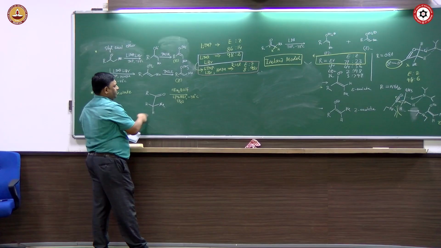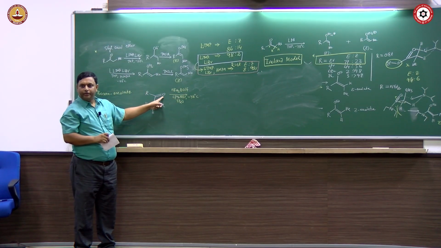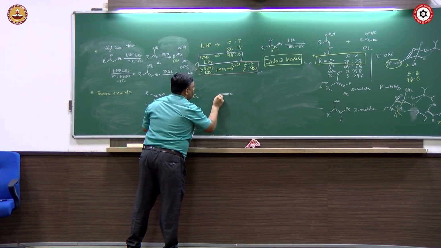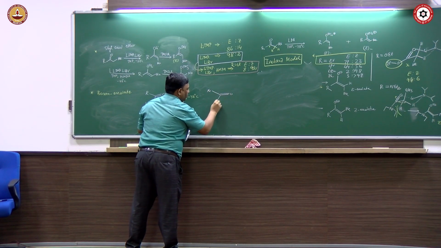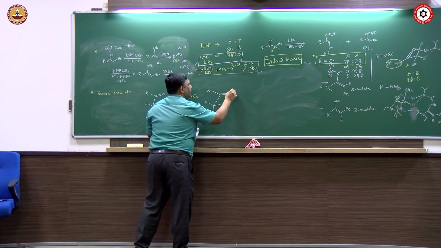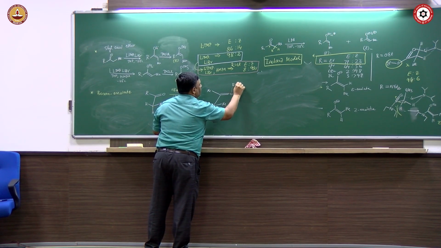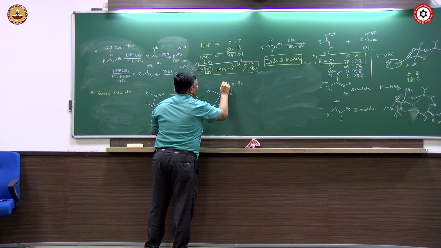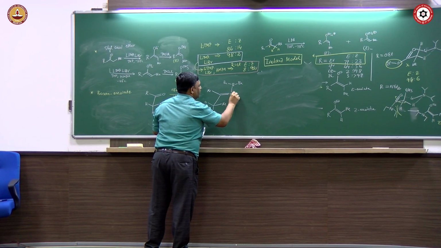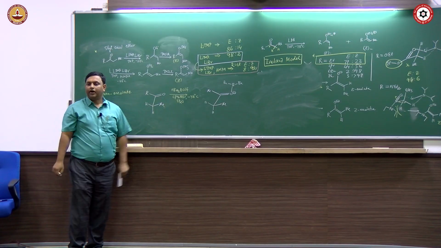This boron is a Lewis acid. It first coordinates with the oxygen center, and the most stable one is this one, with the n-butyl groups, a boron minus and the oxygen plus, and triflate as a counter ion.